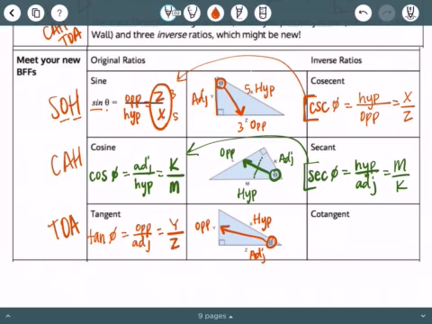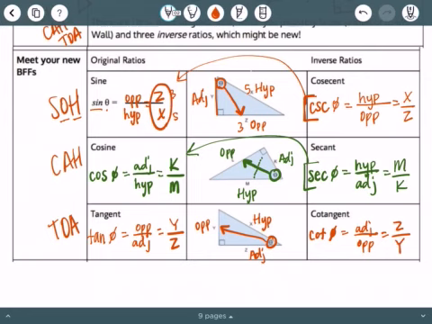As you can imagine, cotangent is COT of theta. It is the inverse of tangent, so that means it is adjacent over opposite. So we have our adjacent, which is z, over our opposite, which is y.